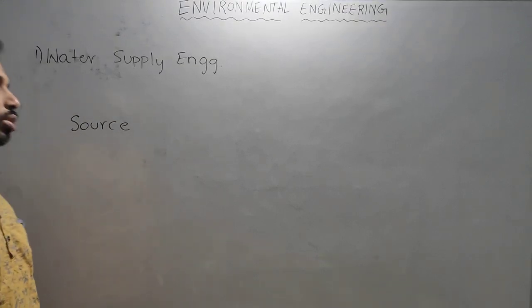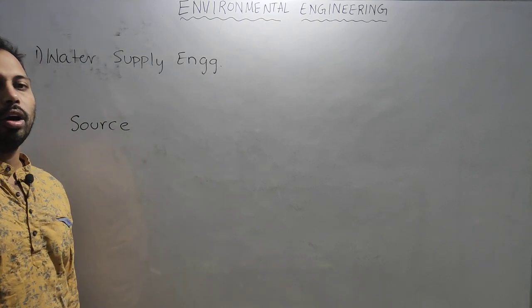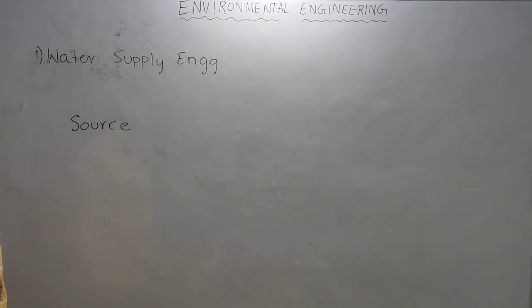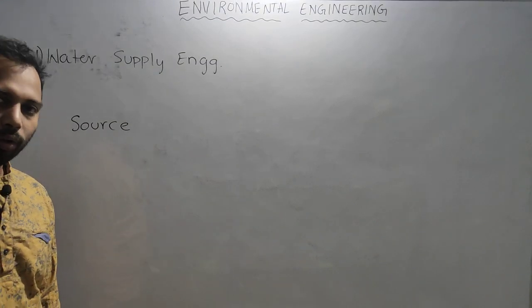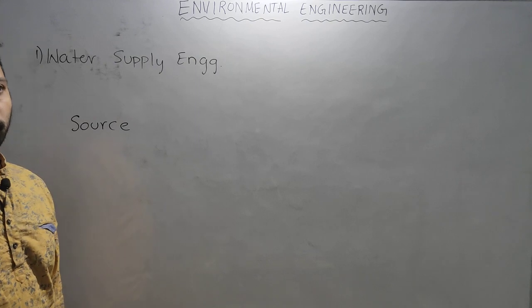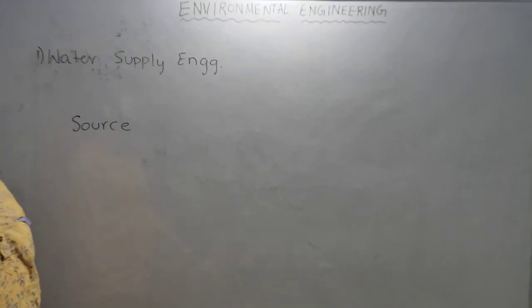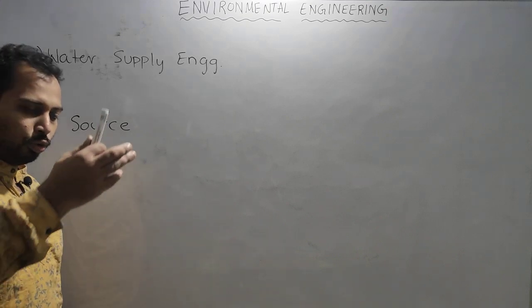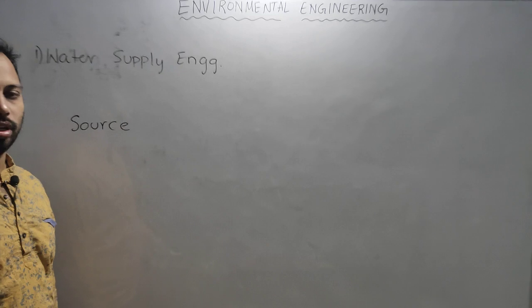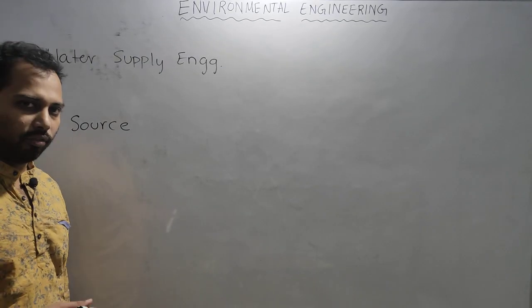So the source water needs treatment. Then what treatment do I need to give? If you go to a doctor, the doctor will not give you medicine directly by looking at your eyes. He will follow some protocols, like doing a blood test or x-ray, whatever it may be. Without testing the water, how can we find what kind of impurities are present and what kind of treatment is needed?